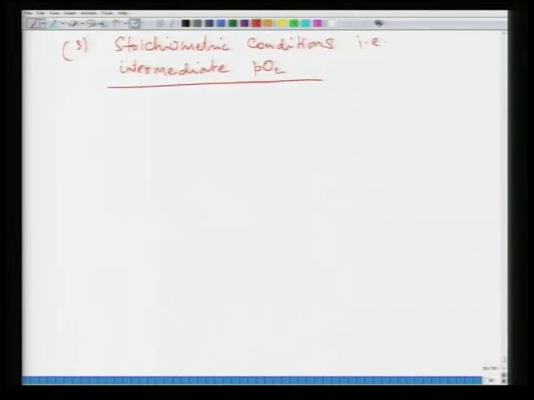Okay. So, in this we will first take case 1. Case 1 is the condition when intrinsic ionization, internal disorder or intrinsic ionization dominates.